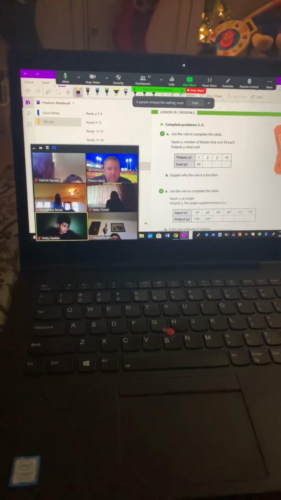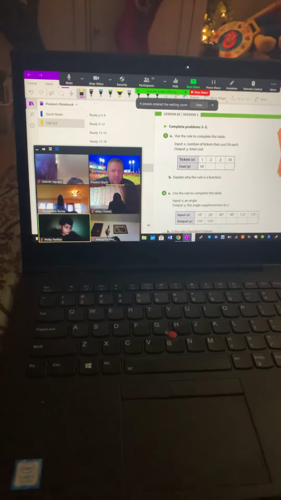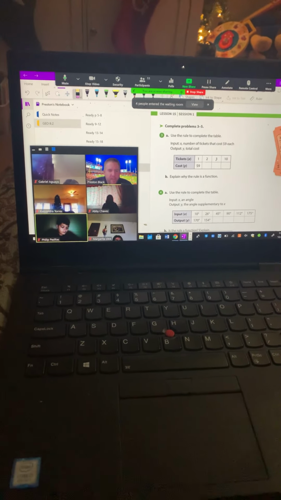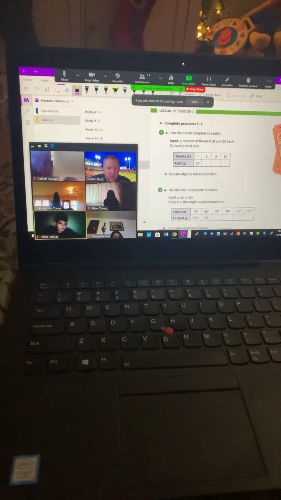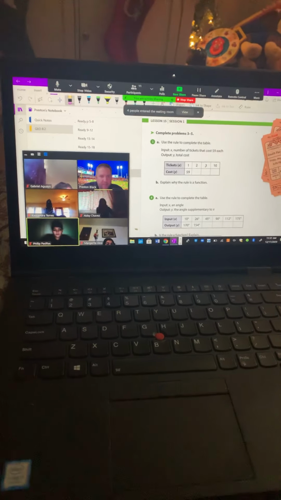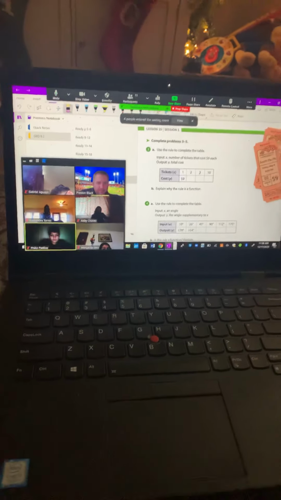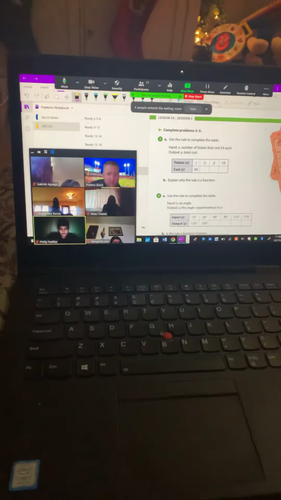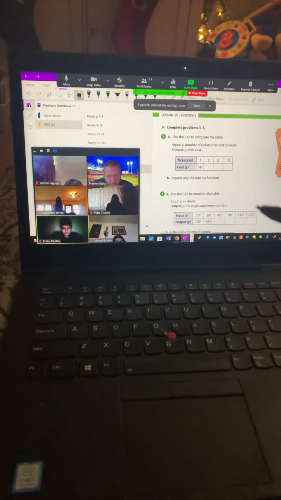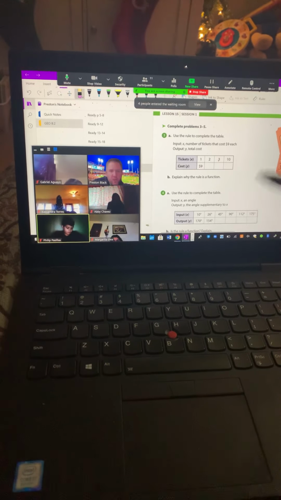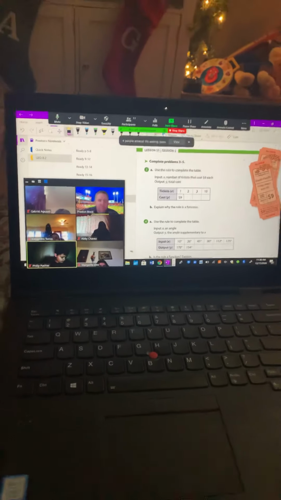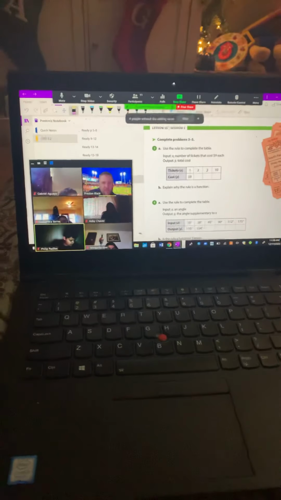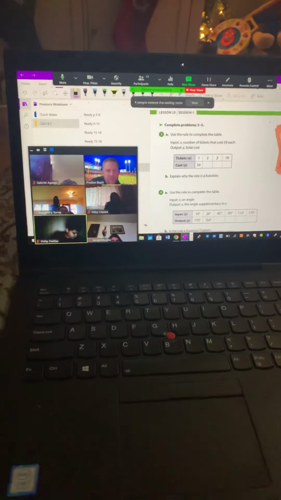What are some things that you notice? Philip, I want you to type to Gabriel. Margarita, type to Abby. And Cassandra, type to me. Those are your partners for this. Just type some things that you notice about it. What is different about this table than some of the other ones that we have looked at?